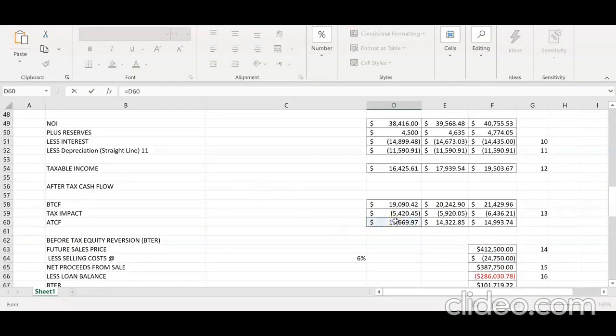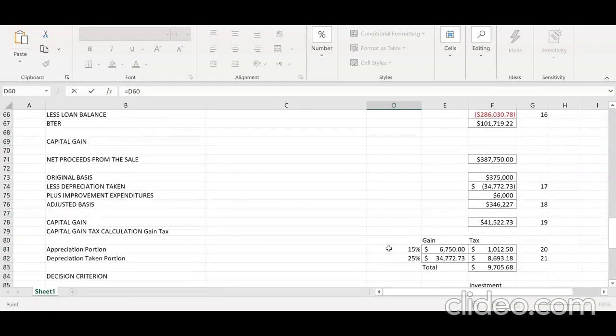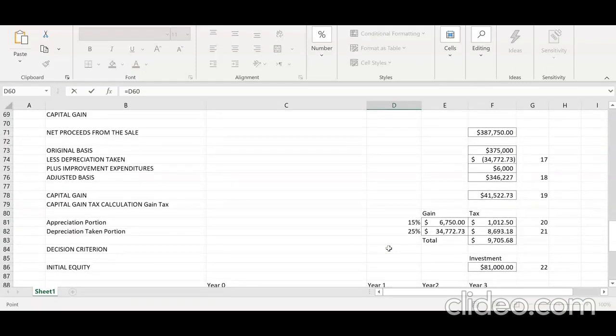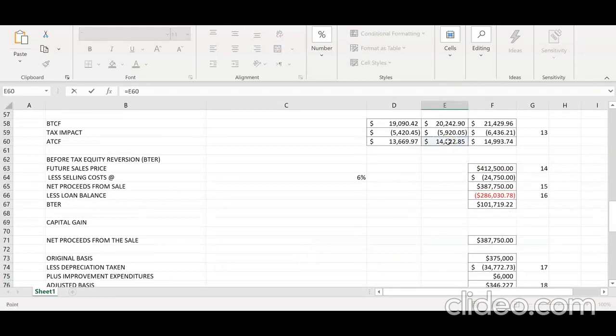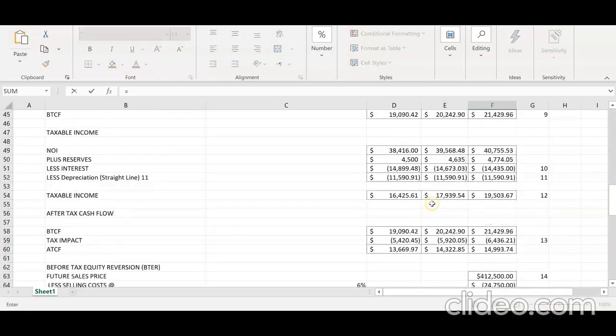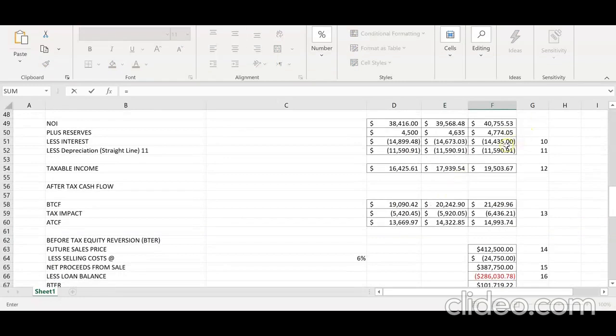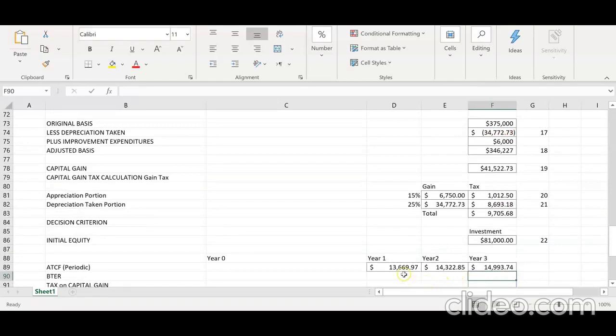After tax cash flow, and then for the second year, it's going to be the second column, and for the third year, it'll be this amount.